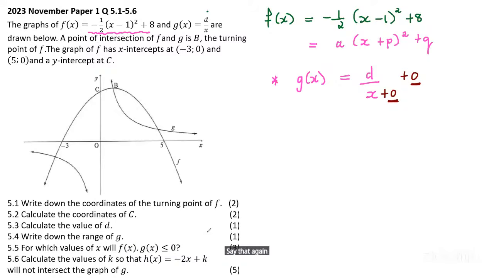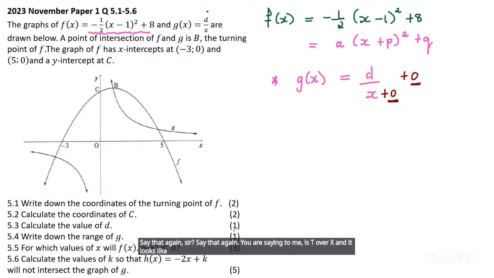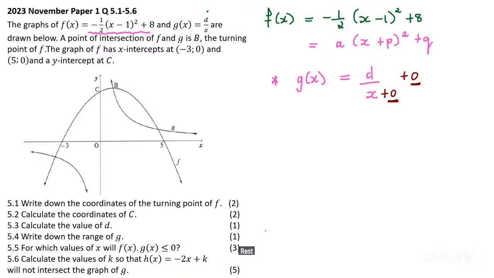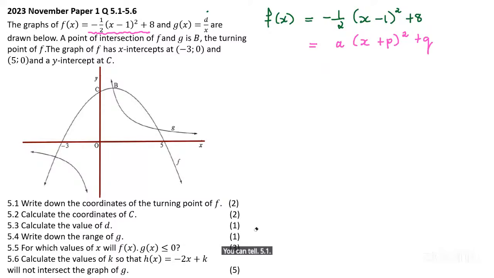It's d over x, a typical hyperbola restricted strictly on y equals 0 and x equals 0, which are your x and y axes. Just by looking, you can tell.